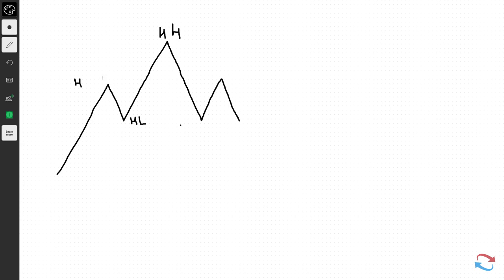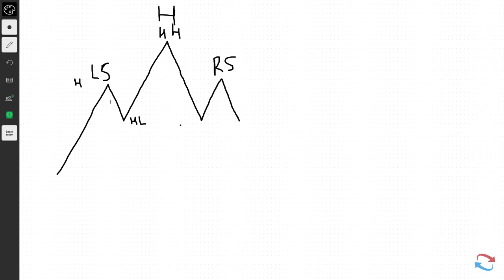of pattern. Now, if we look, this would be what would be considered a left shoulder. This would be considered the head, and this would be considered the right shoulder. So that's pretty much where the Head and Shoulders pattern gets its name.